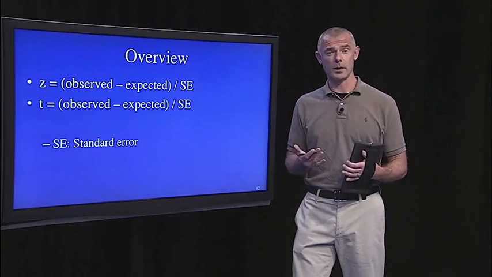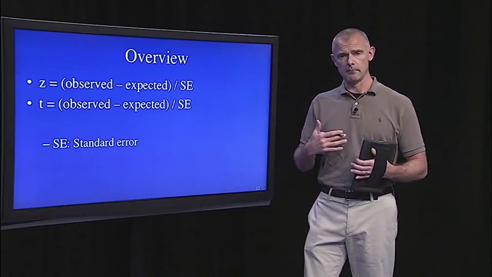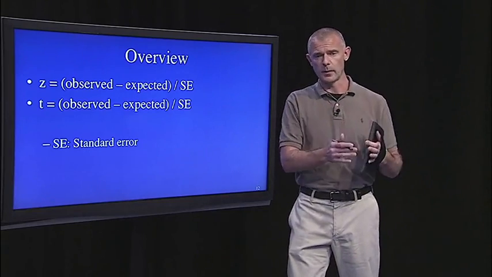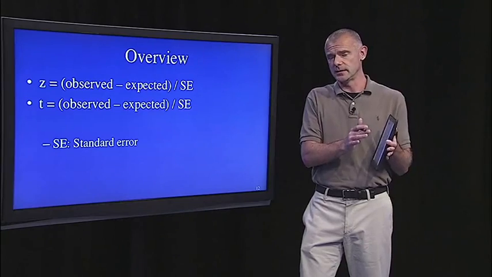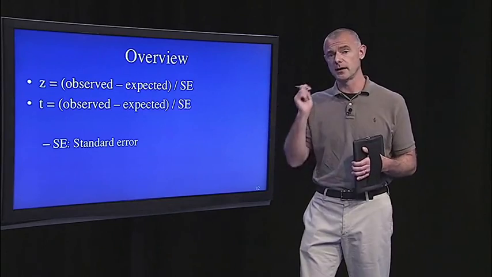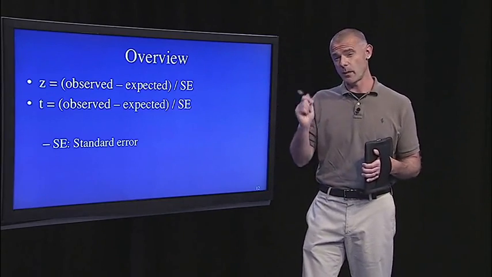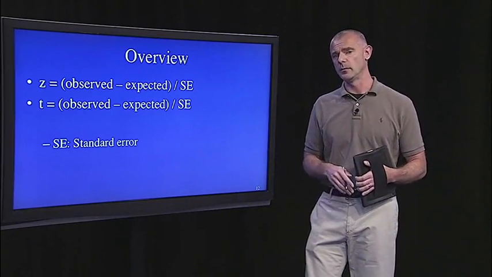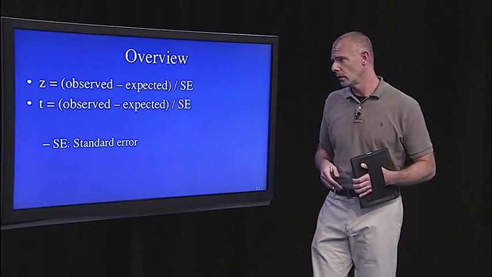So if I wanted to compare my students at Princeton, that sample, if I wanted to compare their mean SAT to the population, I could do it with a z-test, because I could get the population mean and the population standard deviation from the College Board. They're the people who developed the SAT.